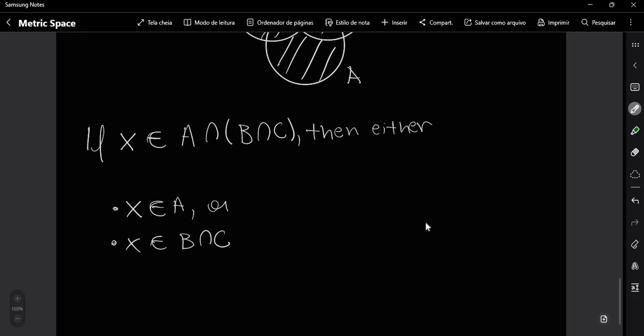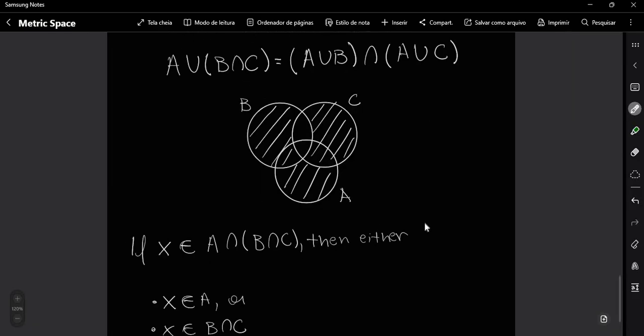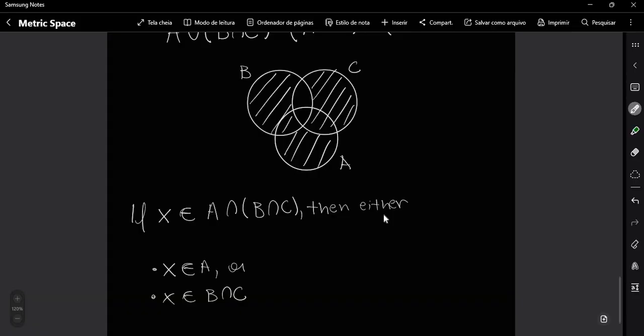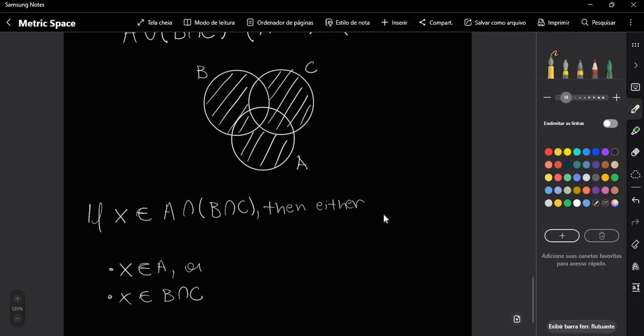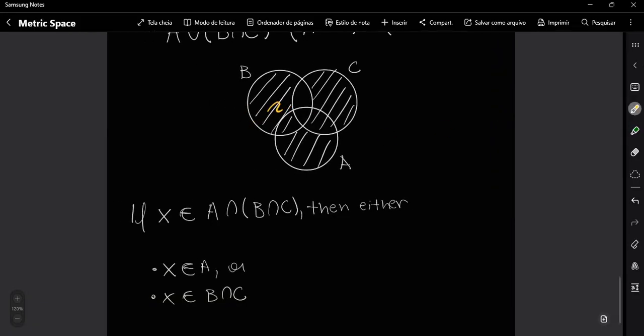Okay, so let's try to verify this using the Venn diagram. So if we again place an element x, let's say the set A, but the point is where we place this element x based on this notation, this description.